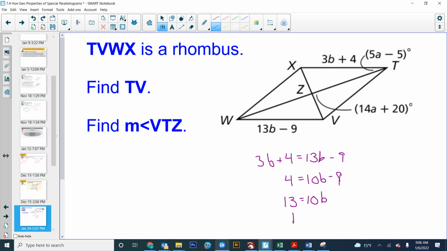And divide by 10. I'm getting 1.3. Do you notice I ignored what it asked me first? Do you notice that? I'll tell you why in a minute. All right, what's 3 times 1.3? 3.9 plus 4? 7.9.